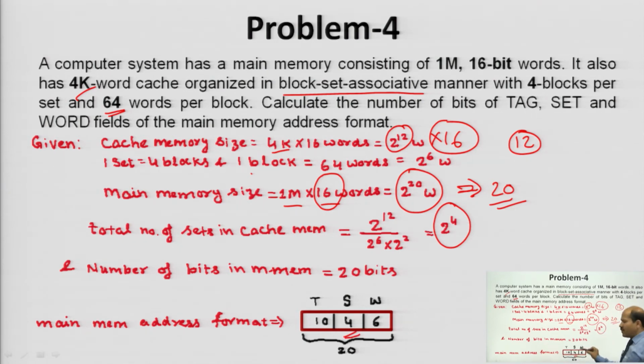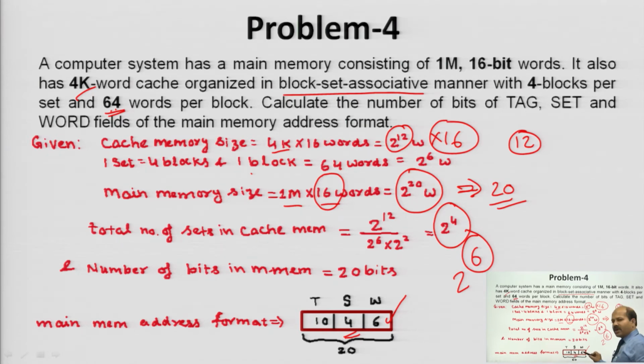So, for the set, 4 bits are required, and in each block there are 2 to the power 6 words, that is why 64 is given here. So, 6 bits are assigned for the word, because in each block we can store 2 to the power 6 words.